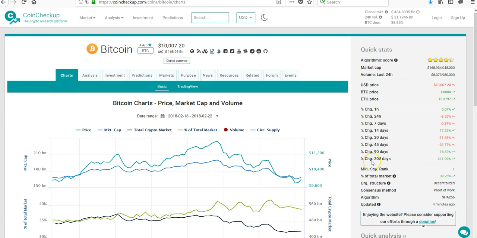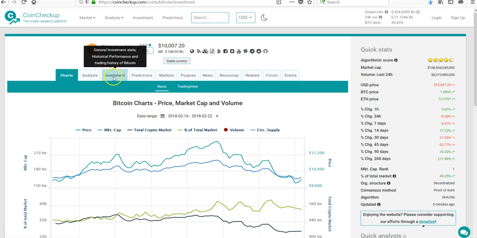In other words, the further out that we go, the better we perform, which brings up a very, very important point for those individuals that are getting into the cryptocurrency market. And that is, the longer that you are involved and invested in it, the better your returns are going to look.